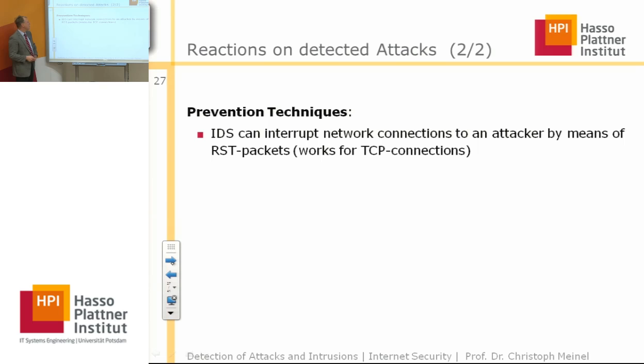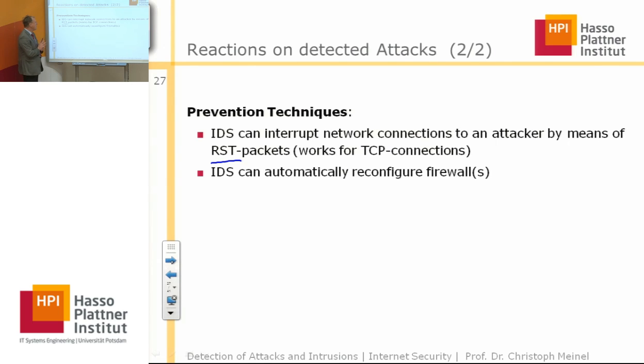What are prevention techniques? I mentioned that in case of alerts, the intrusion detection system can start some automatic routine. For example, the intrusion detection system can interrupt the network connections to an attacker by means of an RST packet, at least when a TCP connection is established.